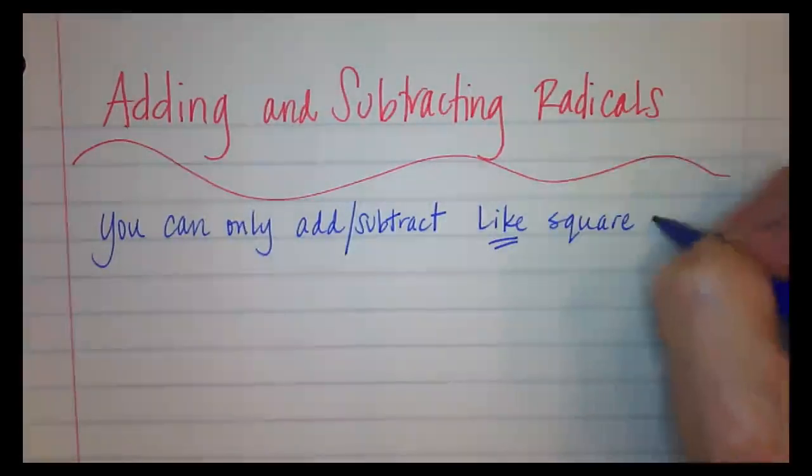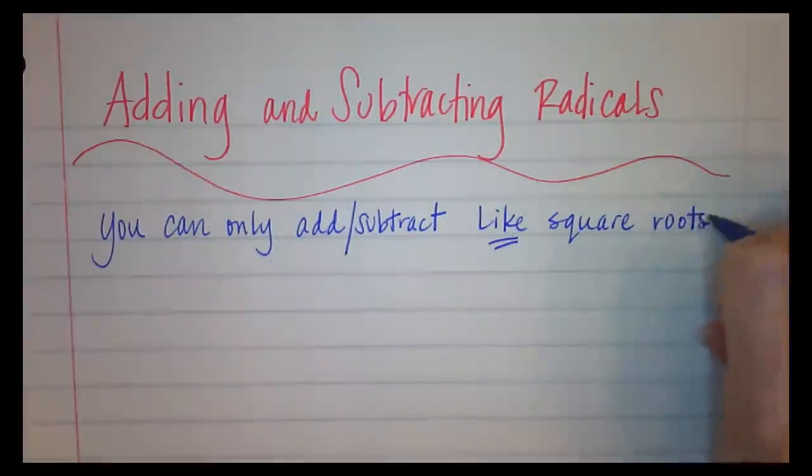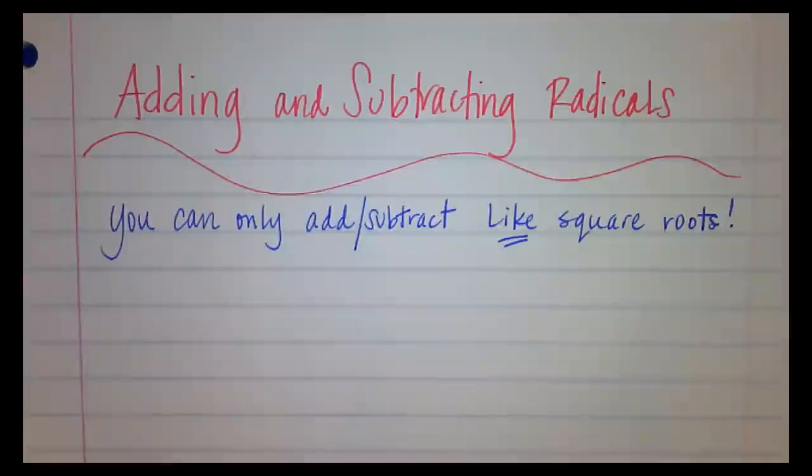You have to have a common denominator when you add and subtract fractions. You have to have common decimals when you add and subtract decimals. You have to have common square roots, common radicals, when you add and subtract radicals. So it goes along with what we've always done with adding and subtracting in math.